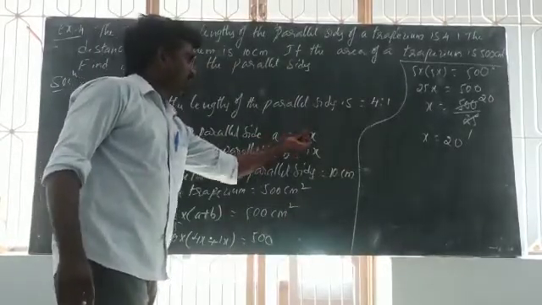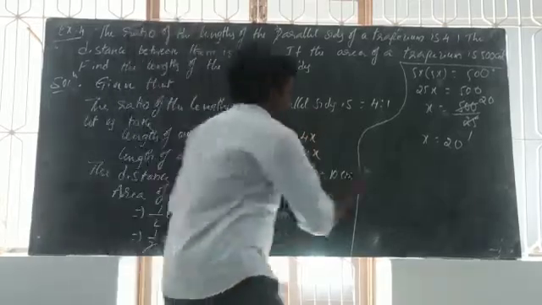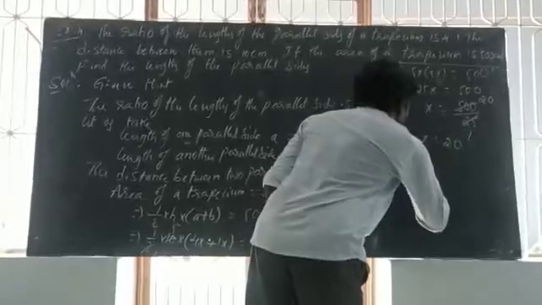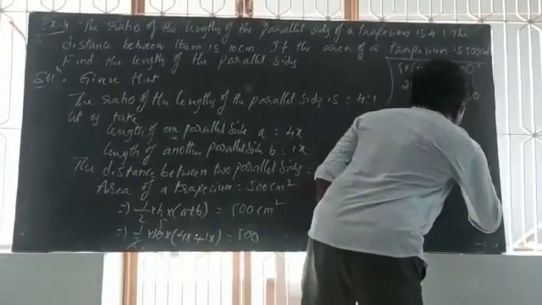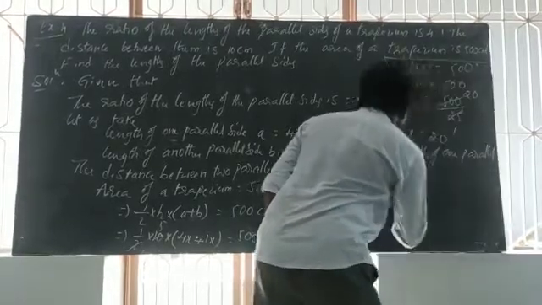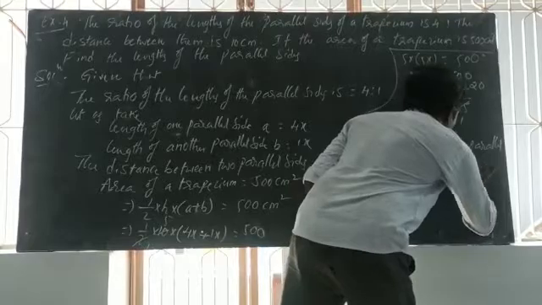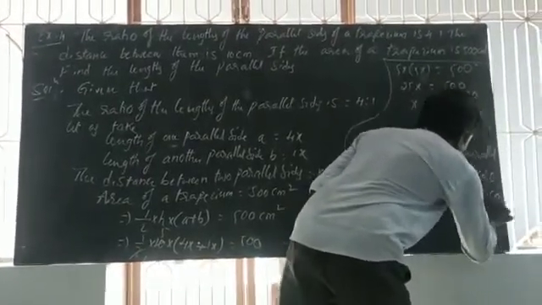So the first length of one parallel side is 4 parts, that is 4 into x. The x value is 20, so 4 into 20. So that is the length of one parallel side, a is equal to 4x, that is equal to 4 into 20 is equal to 80 centimeter.